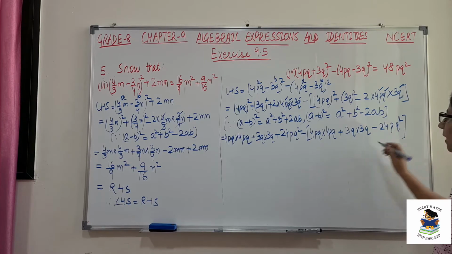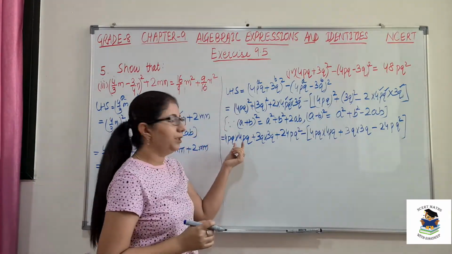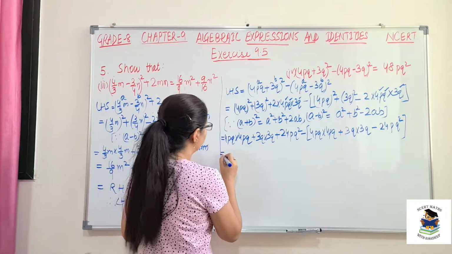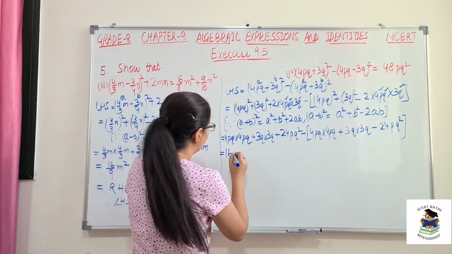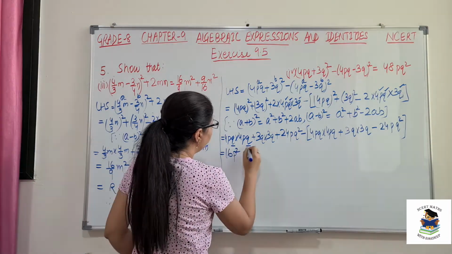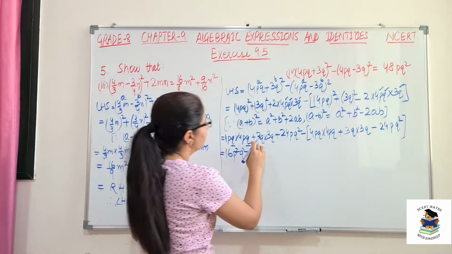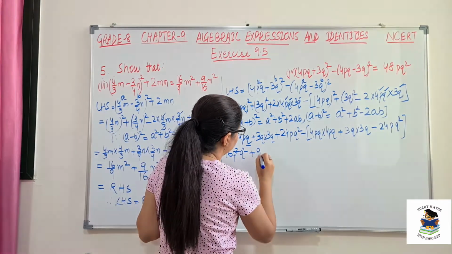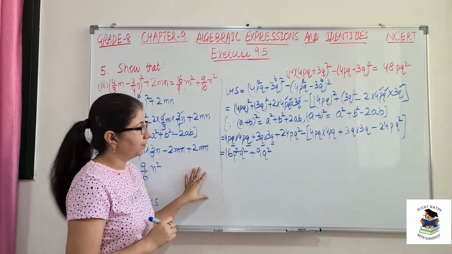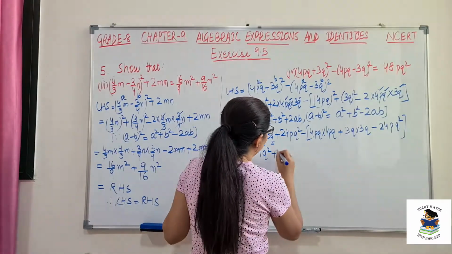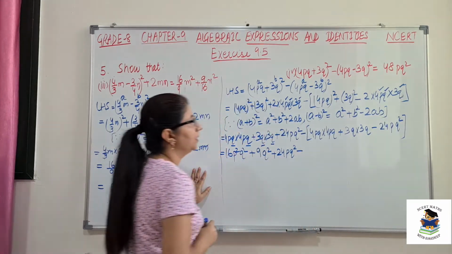Close the bracket. And now what we will do is, first we will calculate them, that is 4 into 4 is 16. p into p, this is p square. q into q as q square. Correct? So 3 into 3 as 9. q into q as q square. Plus 24 p q square.